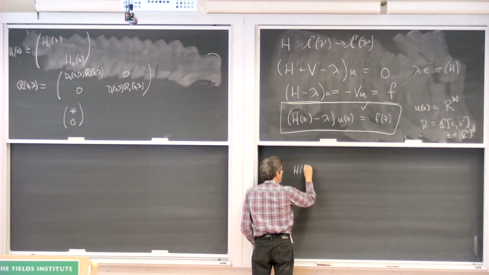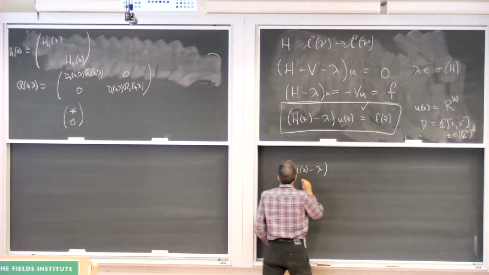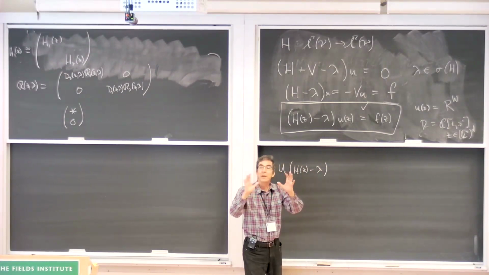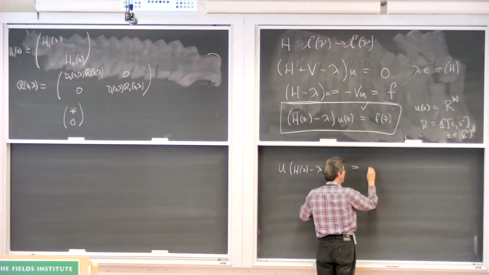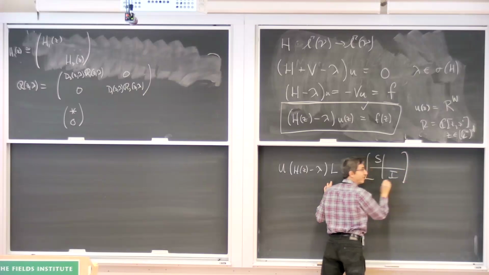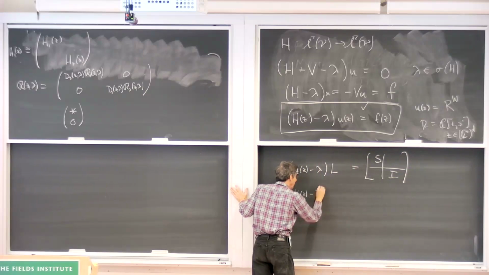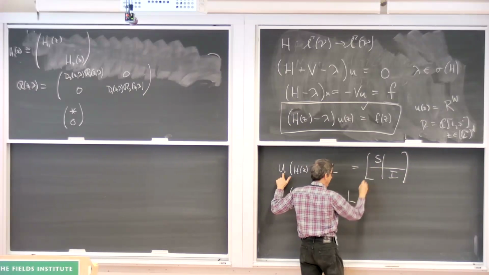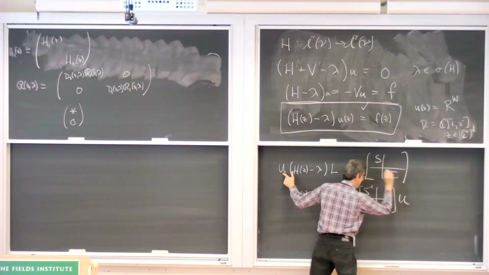If I do H of Z minus lambda, if you use the right basis, there's an upper block diagonal and a lower block diagonal matrix that converts this into something that looks like a 2 by 2 matrix and an identity with some special properties. Now I'm going to take the inverse. H of Z minus lambda inverse is equal to L, and then the inverse of this thing, S inverse, I, and U.